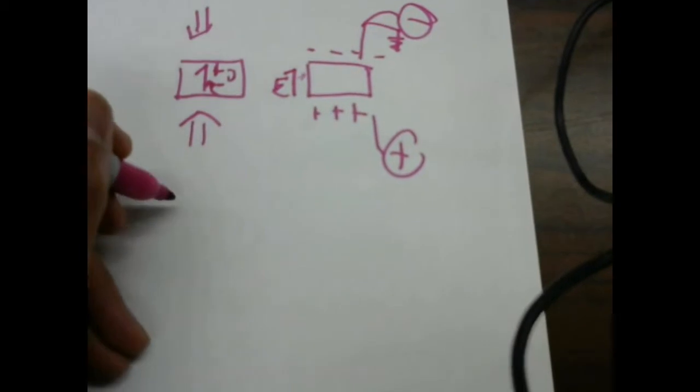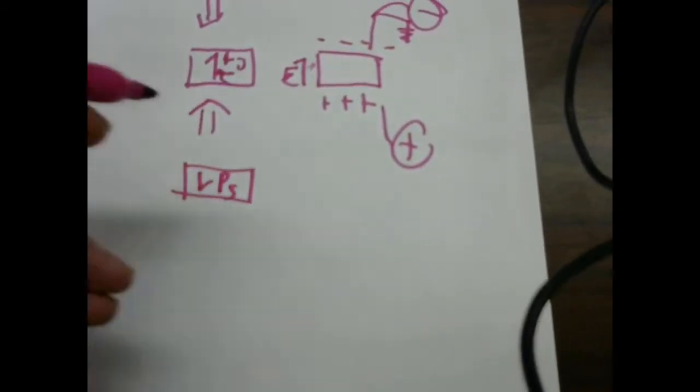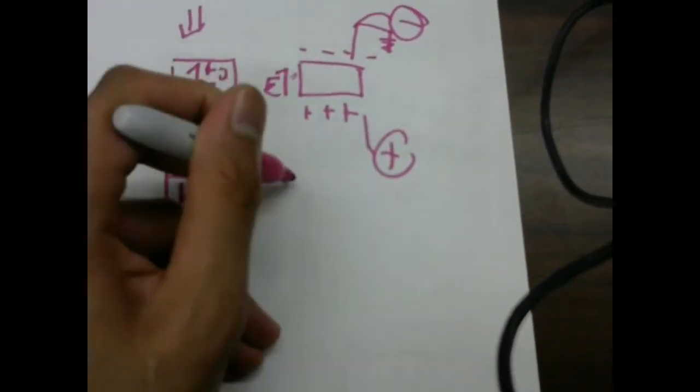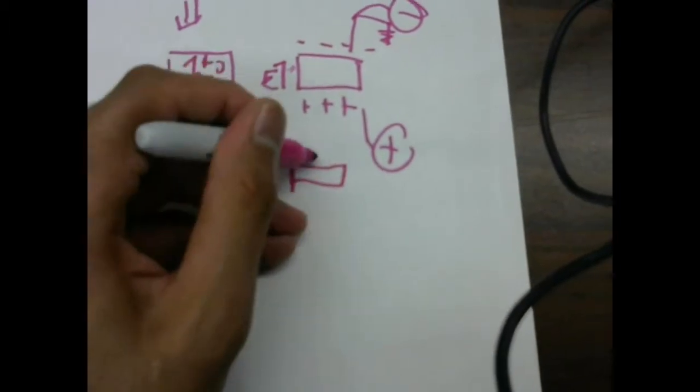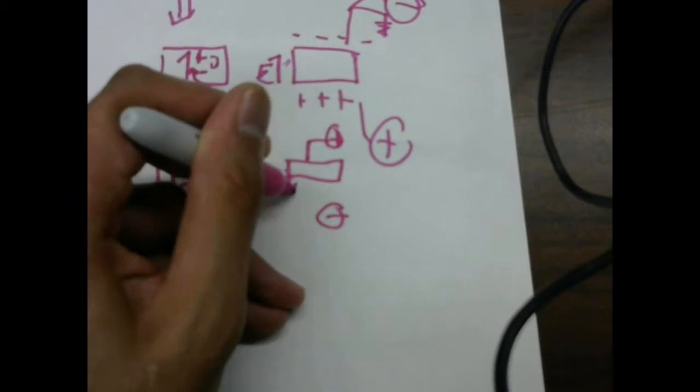If you had your polarization going the opposite way, and you squeeze this material, you would have the opposite happening. The positive voltage will end up at the top, and the negative voltage will end up at the bottom.